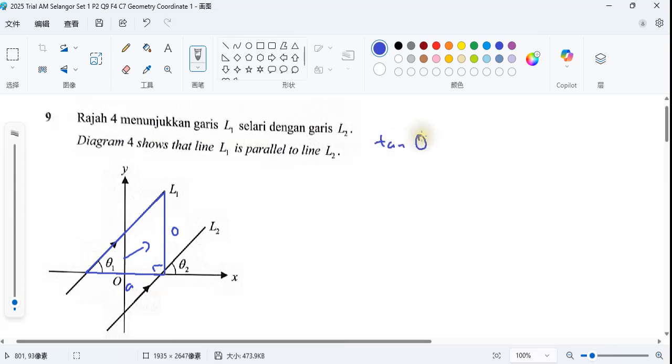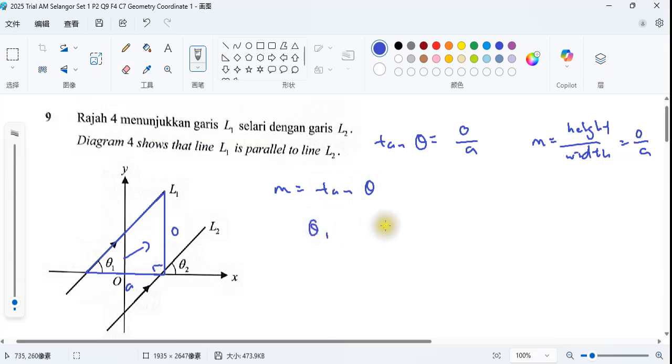The tangent theta is equal to O over A. The gradient is the height over the width, which is O over A. So the gradient is actually tangent theta. Because theta 1 equals theta 2, tangent theta 1 equals tangent theta 2. So we have M1 equals M2.